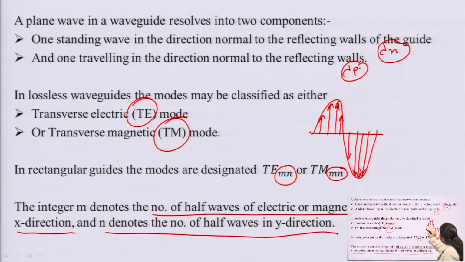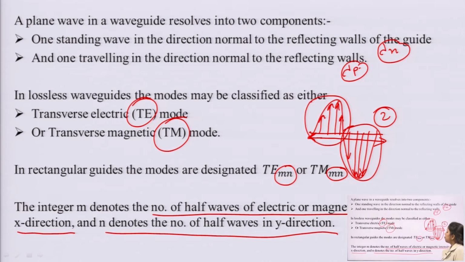And when we talk about the half wavelength, one full wavelength gives two half wavelengths, up till this only. So, when we say TE 2 1, what does it mean? Two half wavelengths in the x direction and one half wavelength in the y direction.